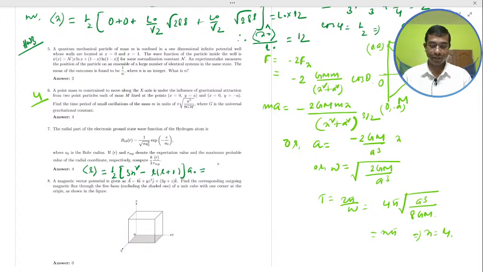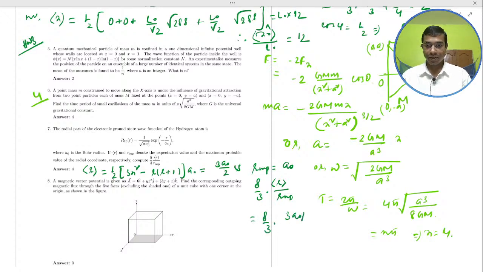Put this value, you would get 3 A naught by 2. And R of MP, most probable, is A naught. Just divide: 8 by 3 times R expectation divided by R of MP. That means 8 by 3 times 3 A naught by 2 divided by A naught. You would get 4. 4 would be the correct answer.